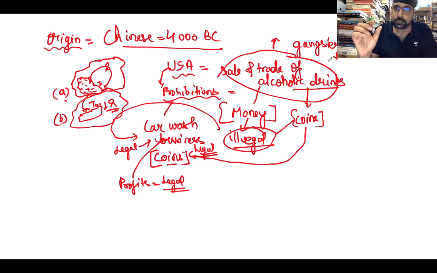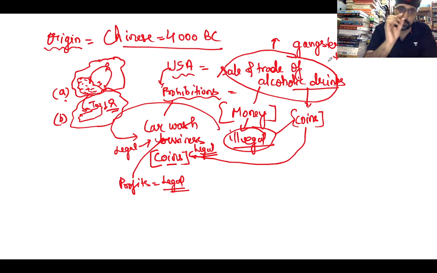These gangsters in America now started doing more sale and more trade of alcoholic drinks. And they started generating more illegal coins. Through these more illegal coins that they generated, they basically now found other businesses which were legal businesses where they could use these coins.